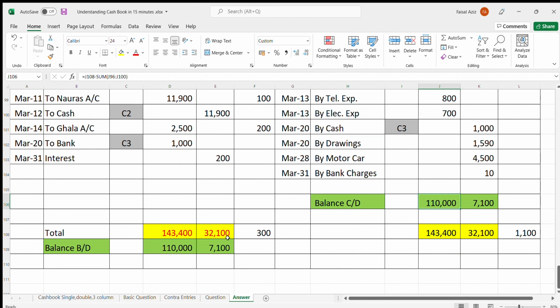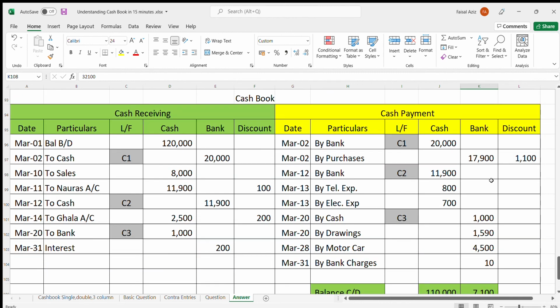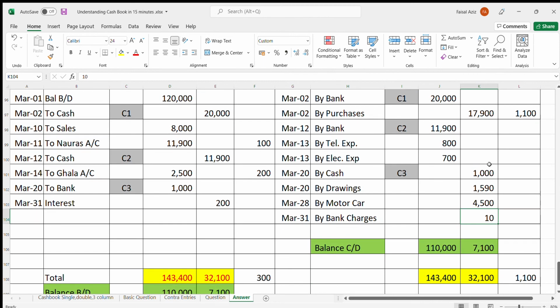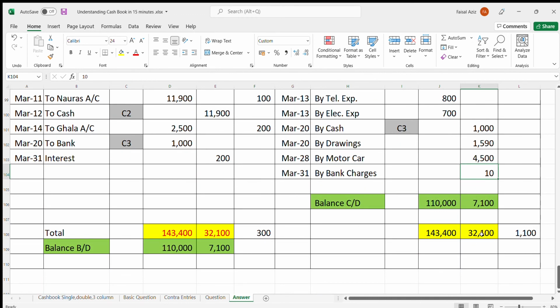Similarly, we were having 32,100 in our bank account, so I've simply mentioned this amount over here, and then I have subtracted all the payments which were made from our bank account. So after subtracting these cash outflows from total receipts in the bank, we were left with 7,100.